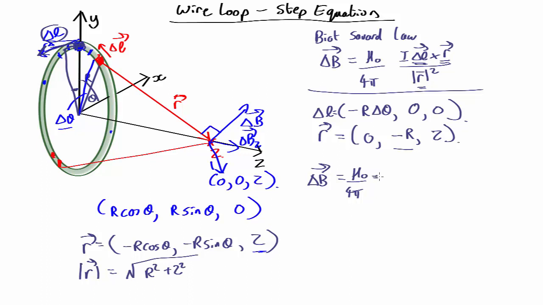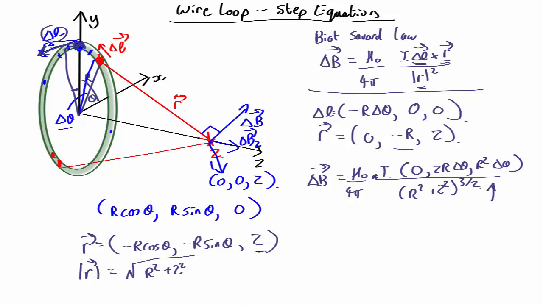So this comes out as I, the cross product, which is 0, z r delta theta, r squared delta theta, all over r squared plus z squared to the 3 halves.